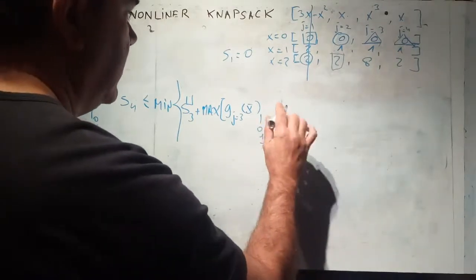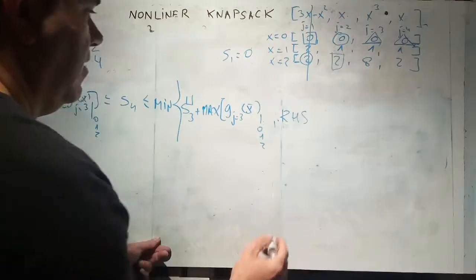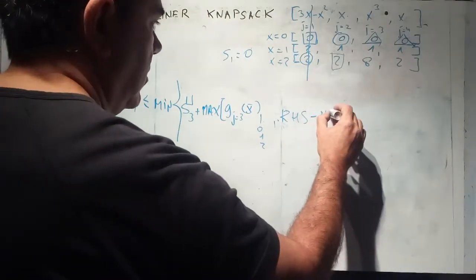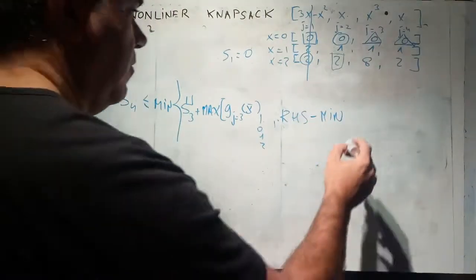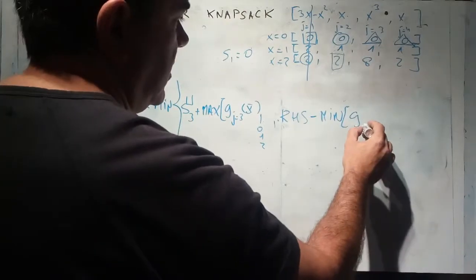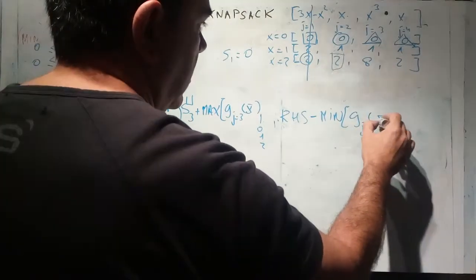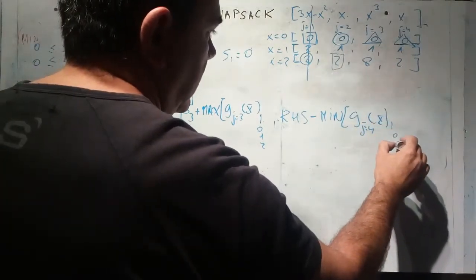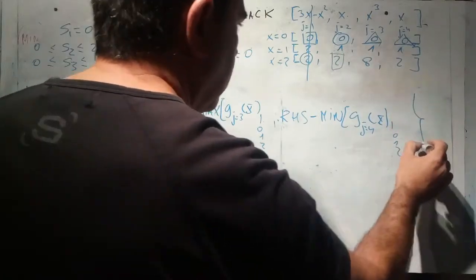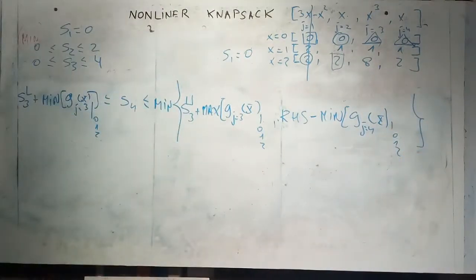the right hand side, 5 minus the minimum of G in the fourth stage evaluated at 0, 1, 2. Okay?